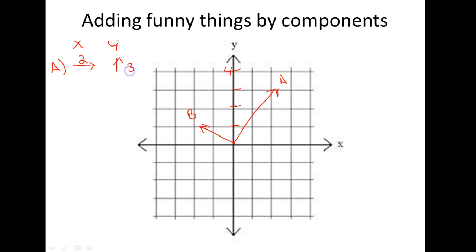Vector B has an x component of 2 to the left, and it only has a y component of 1 up. I can look at adding these components to one another. To the left and to the right cancel each other out to be no component in the x direction. And 3 up plus 1 up gives me 4 up. So my resultant vector is 4 straight up.